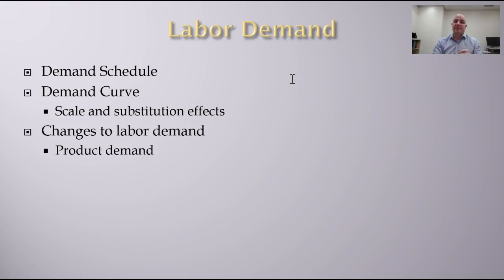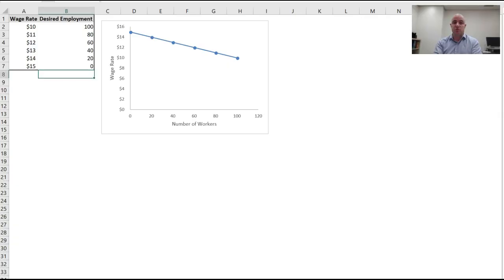Now, that labor demand curve just shows you the relationship between the wage and the quantity demanded, just like with any demand. It's just a relationship between the two. This graph basically says the only thing that affects the quantity demanded of labor is the wage.